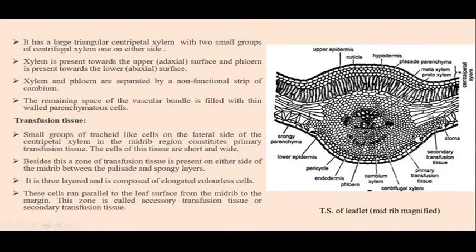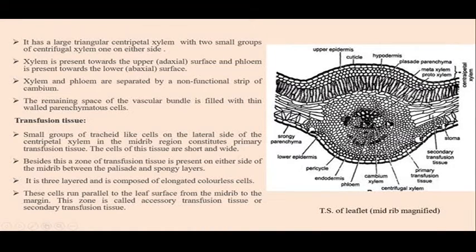It consists of 3 layers of cells and these are elongated. And this secondary transfusion tissue runs parallel to the leaf surface from the midrib to the margin.